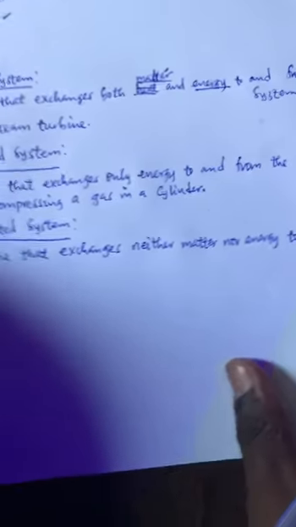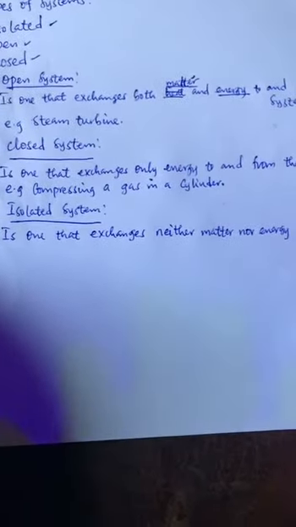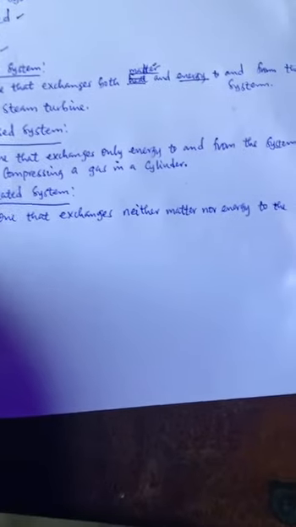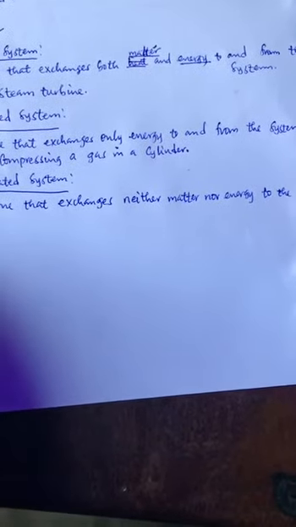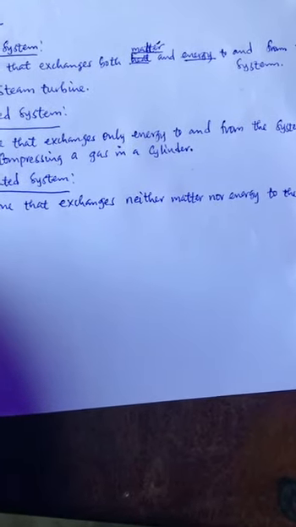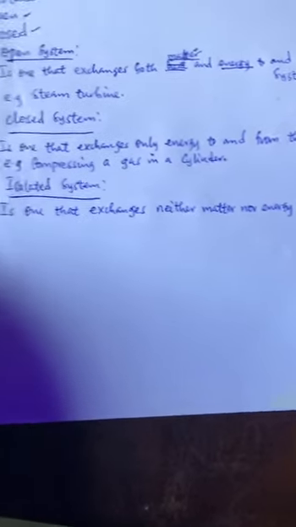You see that? So an isolated system does not exchange anything with the surrounding. An example of an isolated system is the universe.